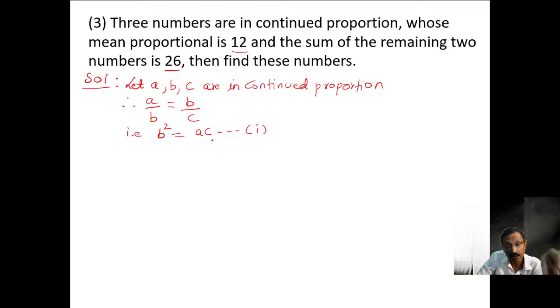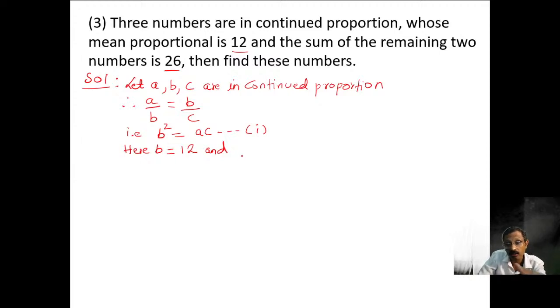Now what is given to me from the problem? What is given in the word problem? Here, if you see, B is equal to 12, and the sum of the remaining two numbers, B is gone, we got B as 12.